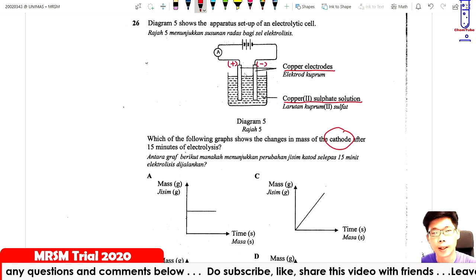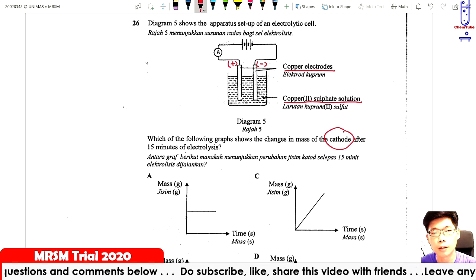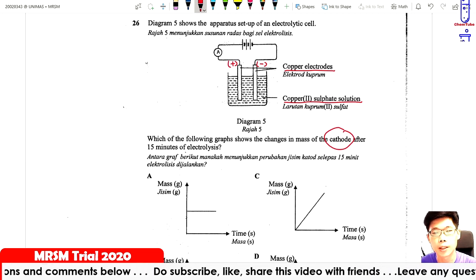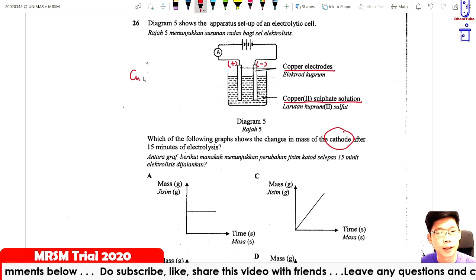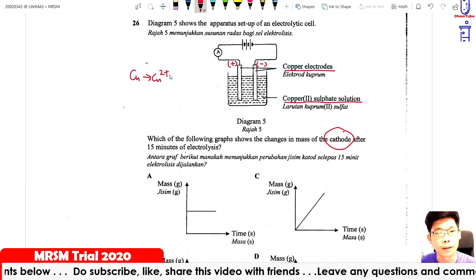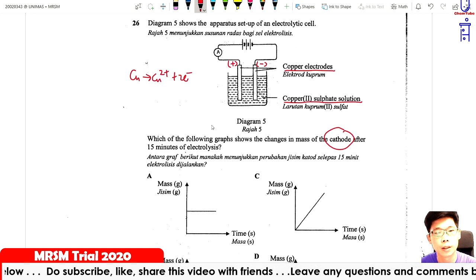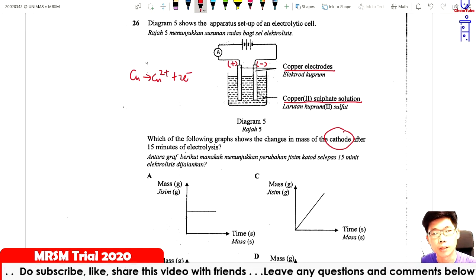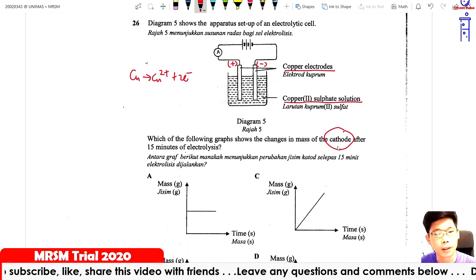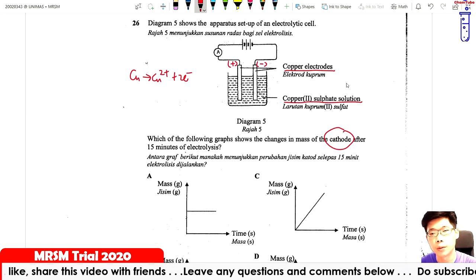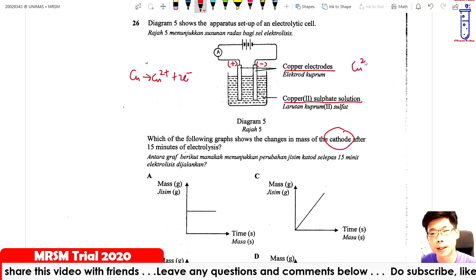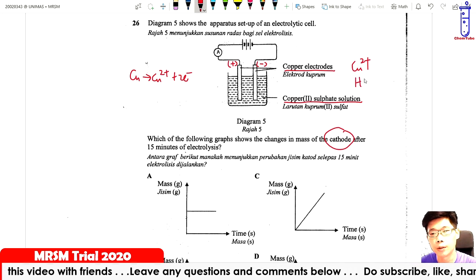At the anode, the anode will decrease and become thinner, as copper changes to copper(II) ions, losing 2 electrons. But the question asks about the cathode, which is the negative terminal.